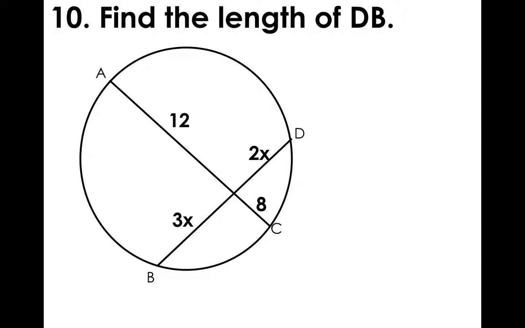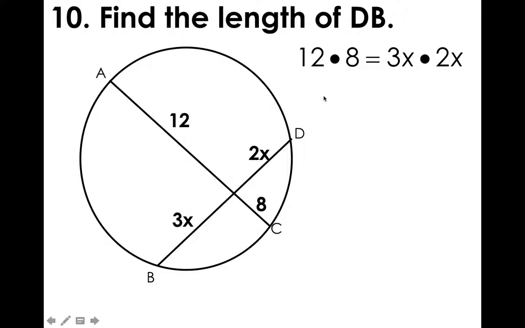And remember, even if a diameter does intersect a chord, if the diameter does not create a perpendicular, then it does not bisect it. And since AC is not a diameter, it doesn't bisect BD.